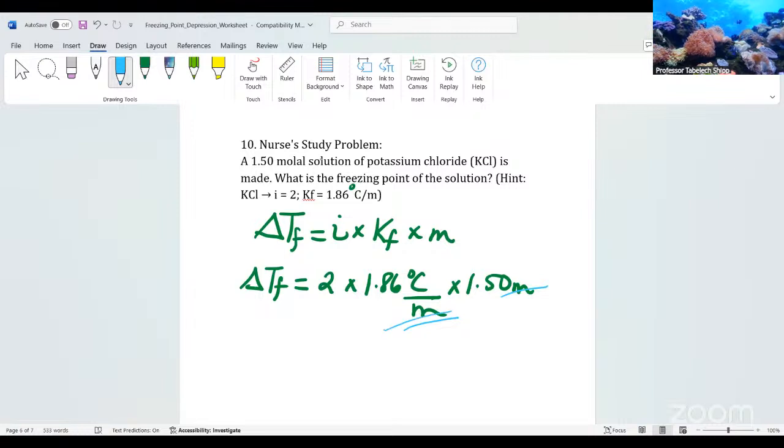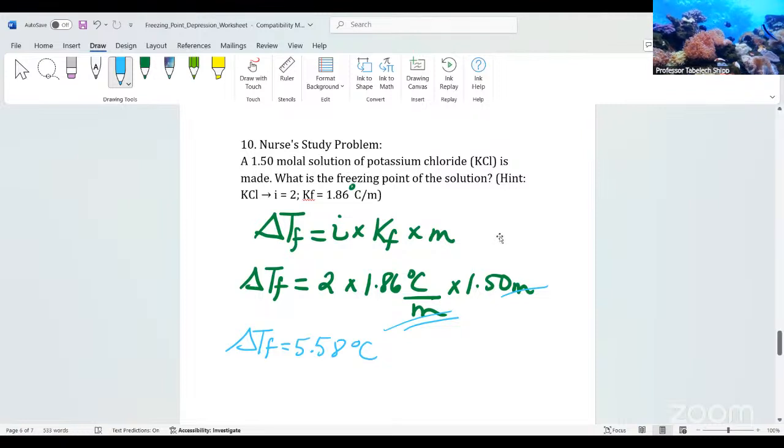And we're looking for the freezing point. So our delta T of F is equal to 2 times 1.86 times 1.50, and we get 5.58 degrees Celsius. That is our final answer.